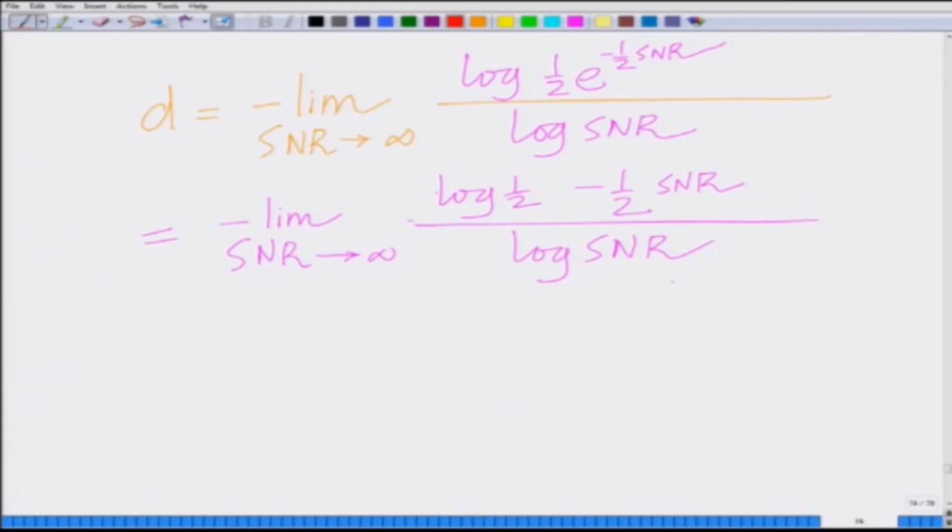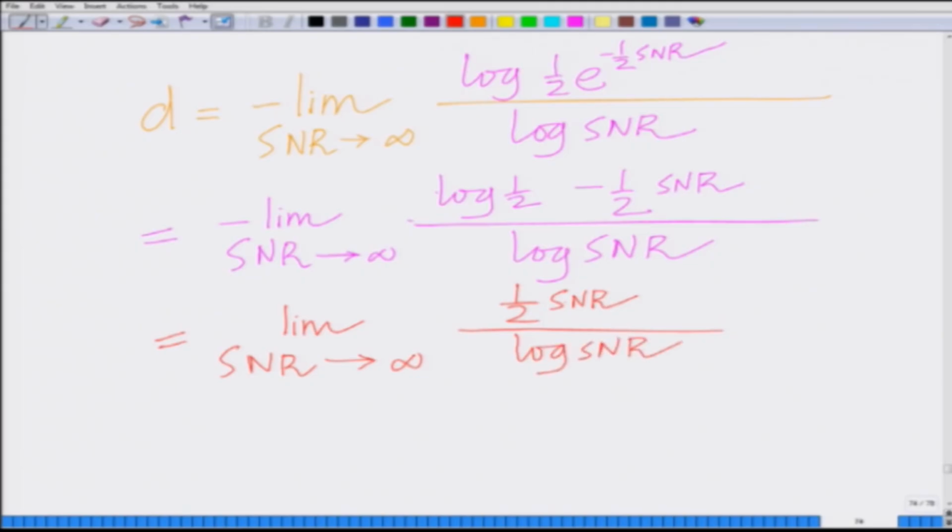So, as SNR tends to infinity, log half divided by log SNR is 0. So, this is equal to minus limit SNR tending to infinity, or bringing the minus side inside, is equal to limit SNR tending to infinity half of SNR divided by log of SNR.